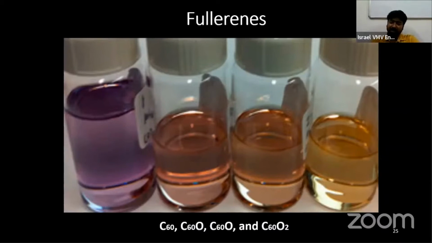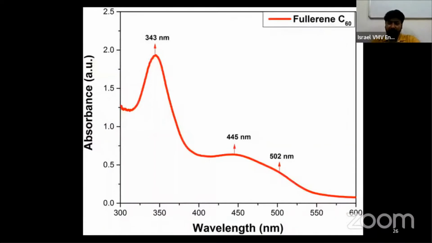Carbon here does not have any group. There is only carbon. Maybe one or two hydrogens at places, but it's fully carbon. Nothing but carbon, and that has difference in the color. And this is the absorption spectrum of carbon 60 fullerene. And you find bands.